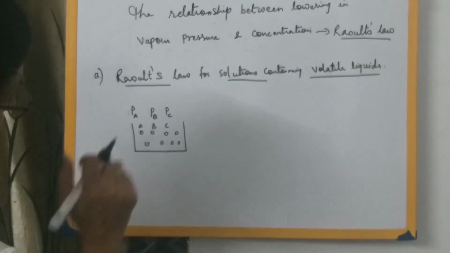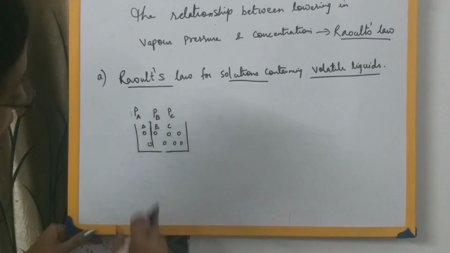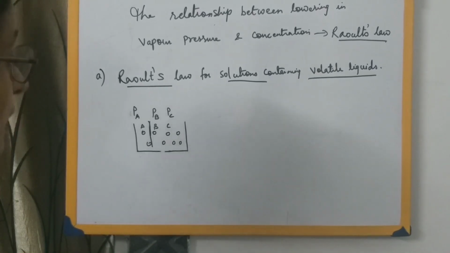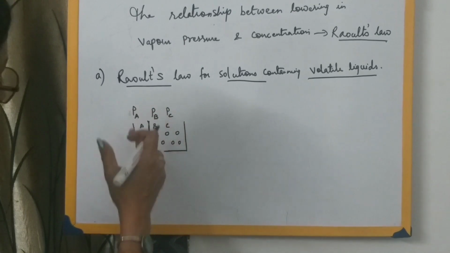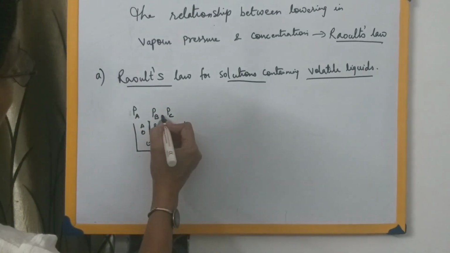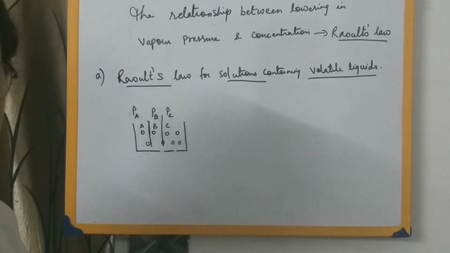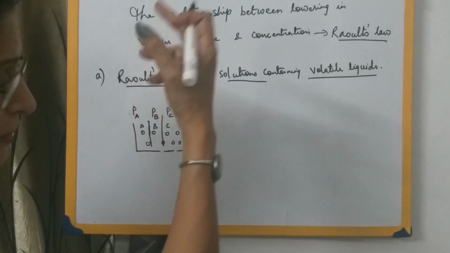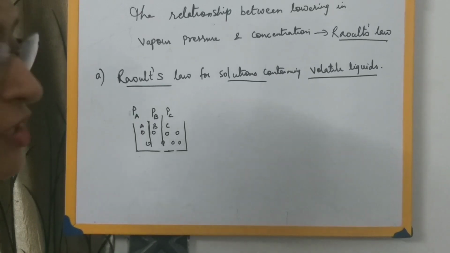Now for these partial pressures, if the mole fraction of A is more, what will happen? The partial pressure will be more. If the mole fraction of A is less, the partial pressure will be less. Same thing for the partial pressure of B. It is dependent on the mole fraction of B. If the mole fraction of B is more, the partial pressure of B will be more, and if it is less, the partial pressure of B will be less.